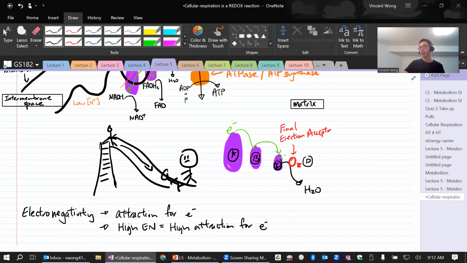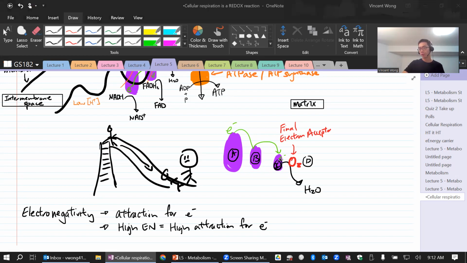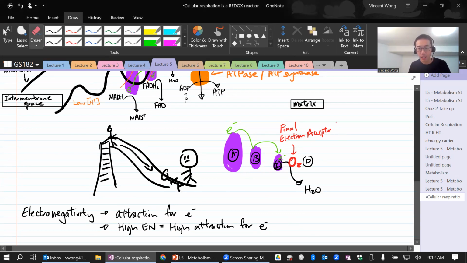Okay, I got some response, and looks like people are getting it backwards, which is fine. That's why we should talk about this. So it turns out the highest electronegativity is the oxygen.